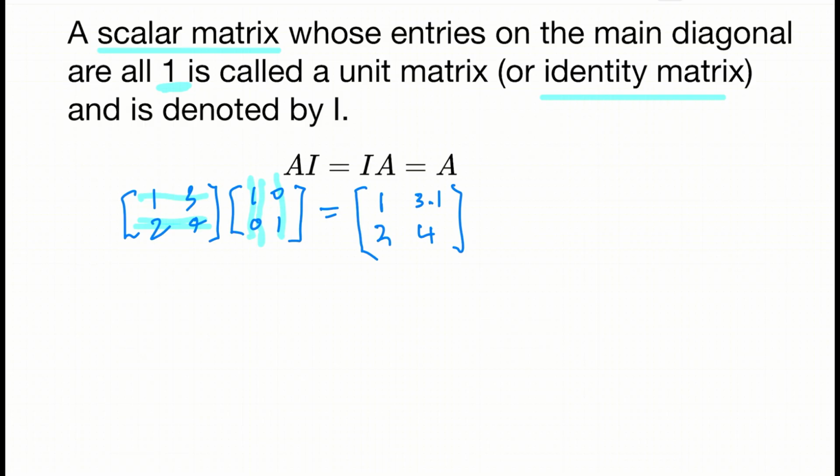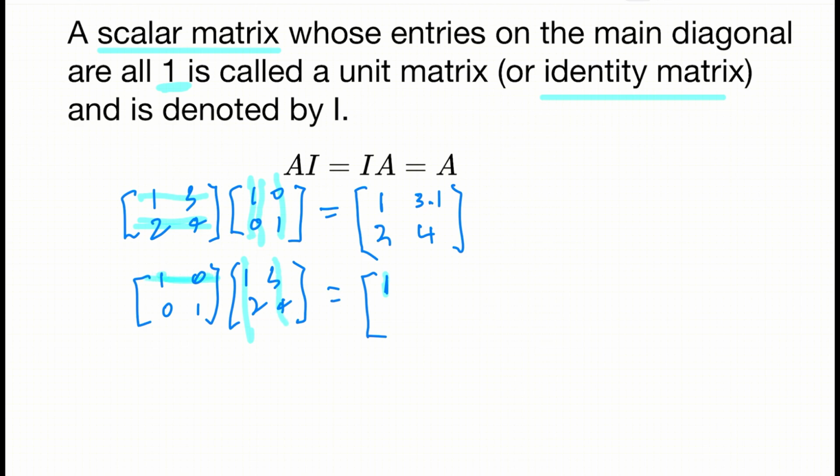Now let's do it in the opposite order. Let's take [[1, 0], [0, 1]] times [[1, 3], [2, 4]]. Let's do this multiplication. Taking the first row, first column, we get 1 times 1 is 1 plus 0, so we're going to get a 1 there. Taking the first row times the second column, we're going to get a 3.